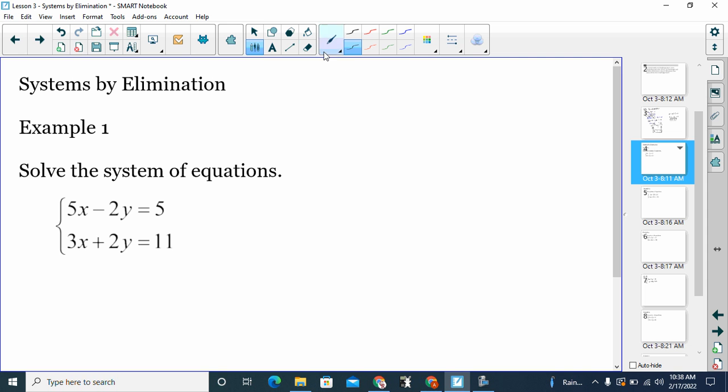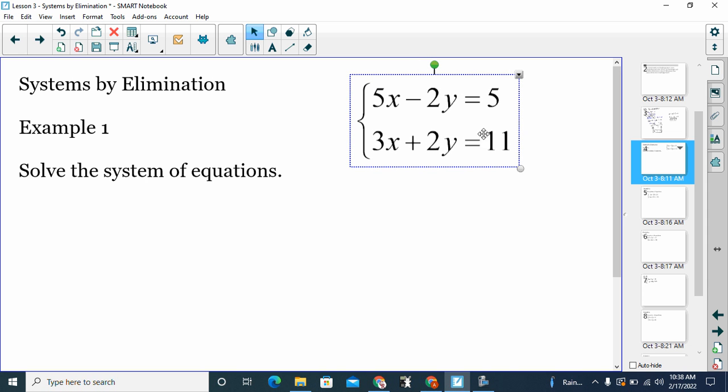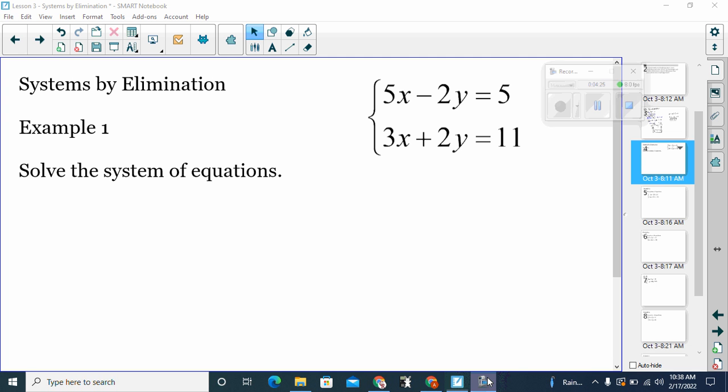So example 1 asks us to solve the system of equations, and we are given 5x minus 2y equals 5 and 3x plus 2y equals 11. Notice this time, neither one of my equations says x equals or y equals.